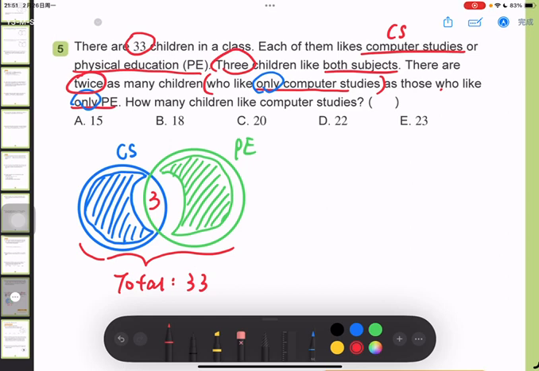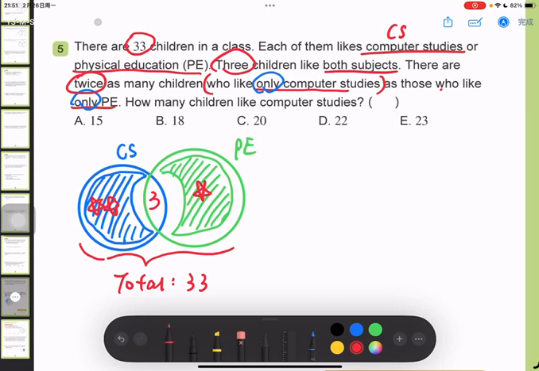So we will consider the smaller amount as 1 part. What shall I use to represent 1 part? I just use 1 star to stand for the students who only like PE, and that is 1 part. Then how many stars should I draw for computer science? Since it is twice as many children, we should draw 2 stars on the left.